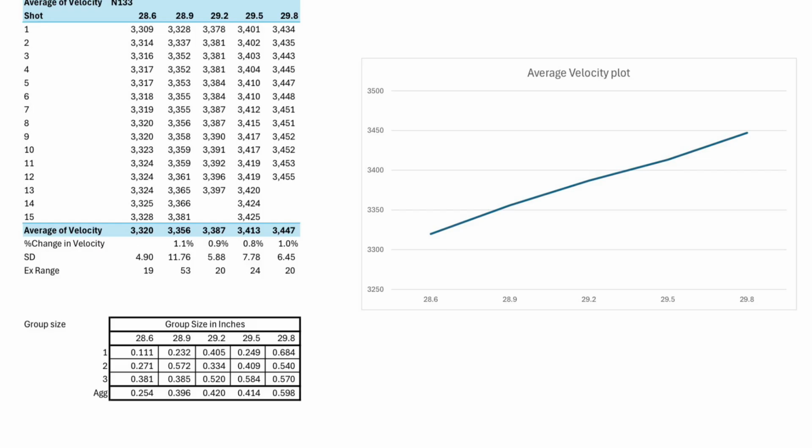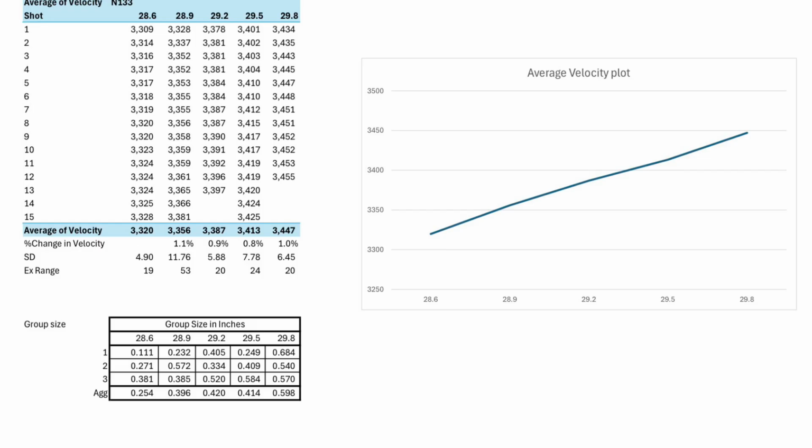But anyway, I think these are statistically relevant, and you can see that I went up 0.3 grains per sample, which is roughly 1%.